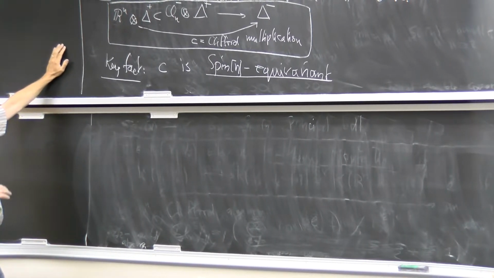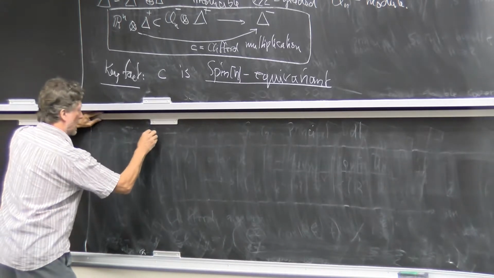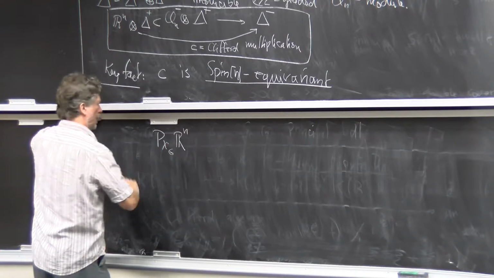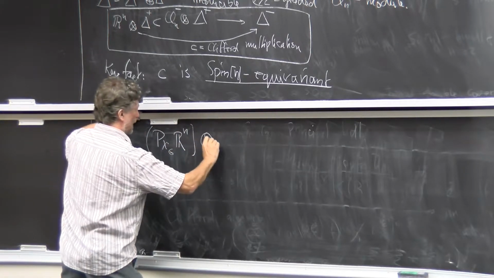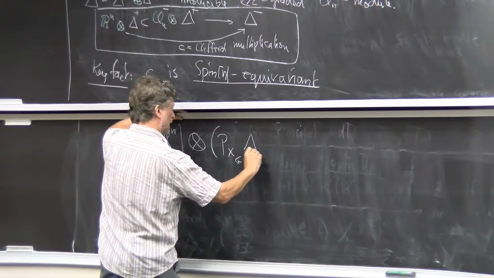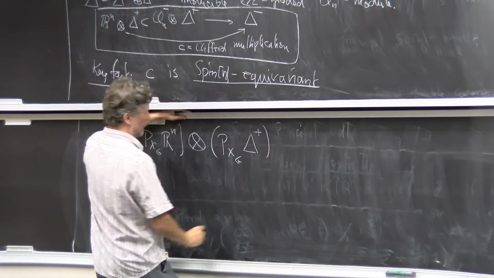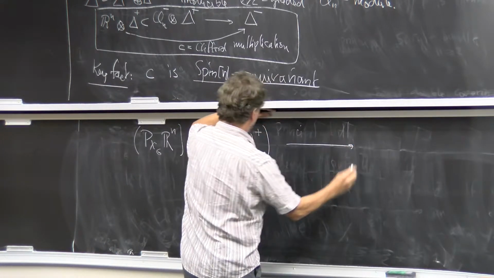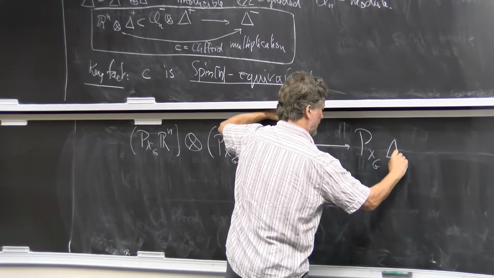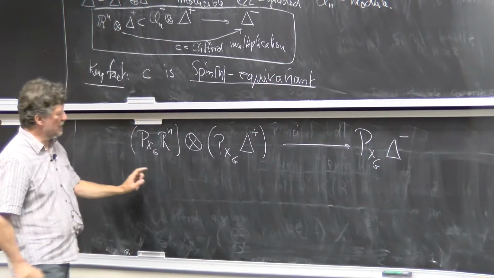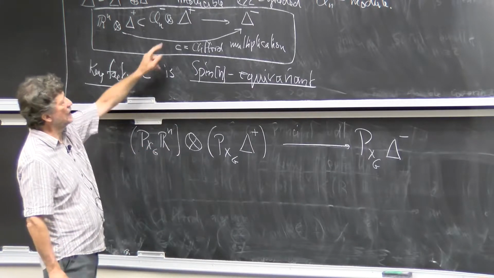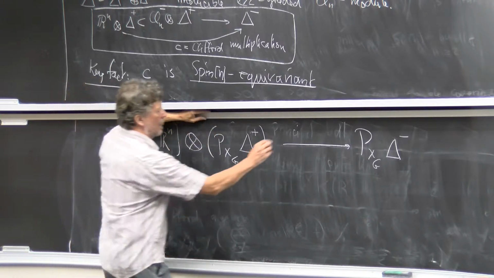Then I can form the associated vector bundles. I take P cross over G with Rn, tensor with P cross over G with delta plus, into P cross over G with delta minus, where this map is just given by doing the identity on P and taking the map C on the fibers.